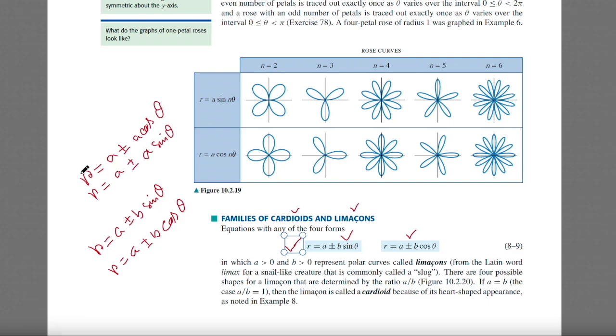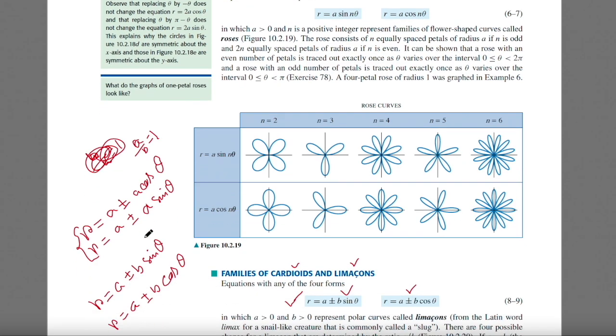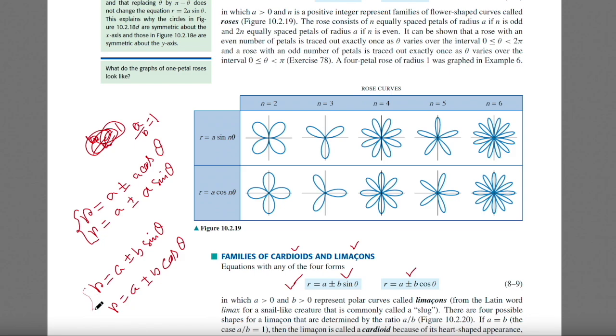We said these are the equation of cardioid, but এখানে b যখন দিয়ে দিলাম, then the ratio between a and b, a by b is equal to 1. Then this equation represents cardioid. Let me say it again.